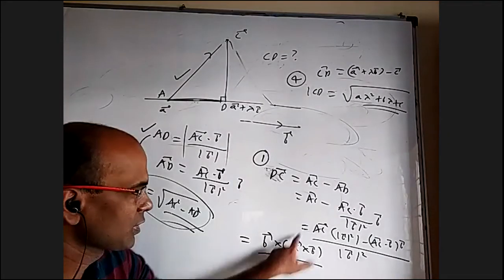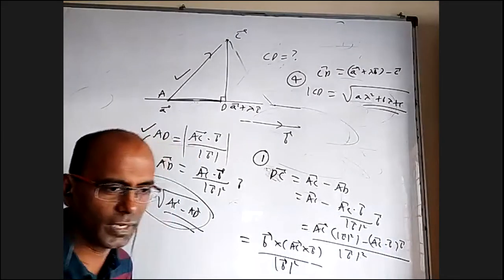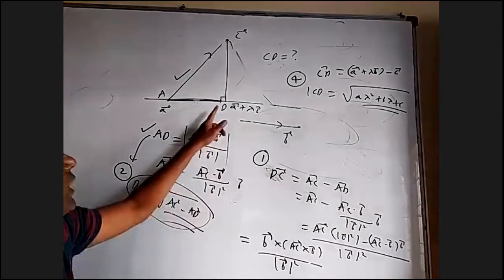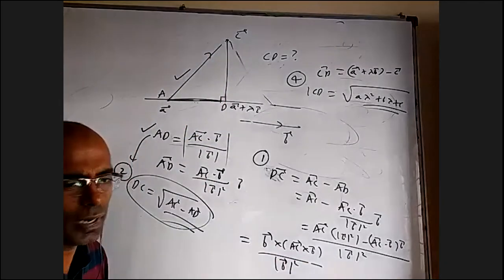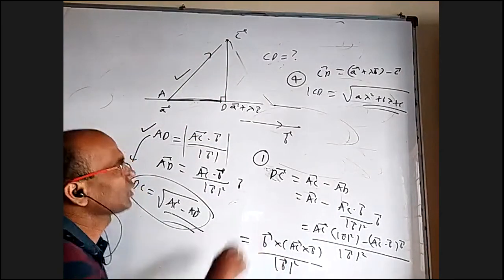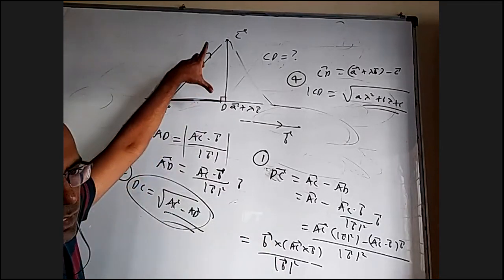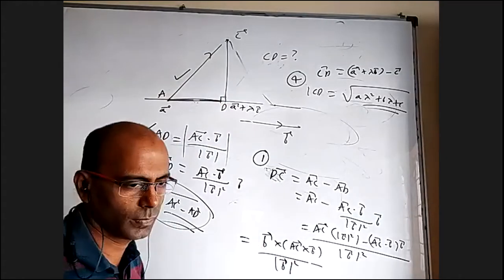This dot this into this, that is this expression. This dot this into this vector, that is this. Am I right or wrong? Yes. So another way to find this DC bar is by this triple product. But we divide by mod b bar square to get exactly this length. If you don't do this, what you get is a little longer or shorter than this. You want exactly DC bar.